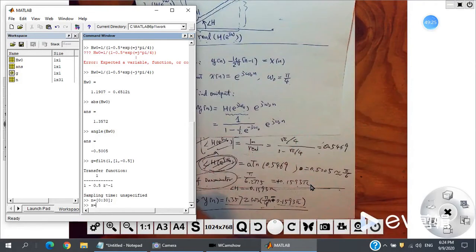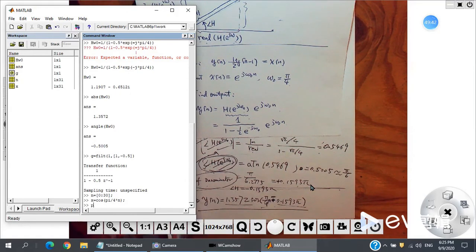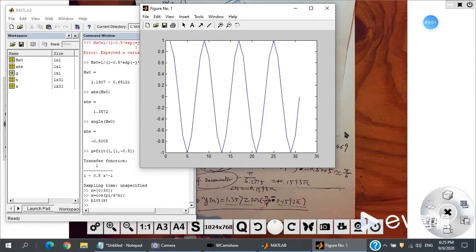X is a cosine of omega 0, that is pi over 4, times n. Right, this is the input. You can see what it is. Plot of x, n and x, just x is fine. Plot x, yeah, this is x.